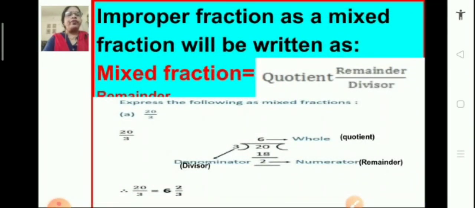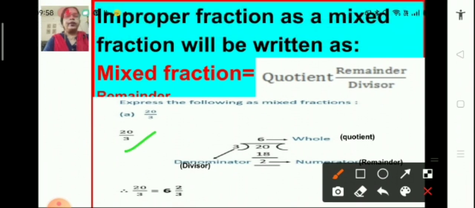So an improper fraction can be expressed as a mixed fraction. How can we do that? Suppose we have an improper fraction like 20/3. So if we divide 20 by 3, we get 6 as a quotient.